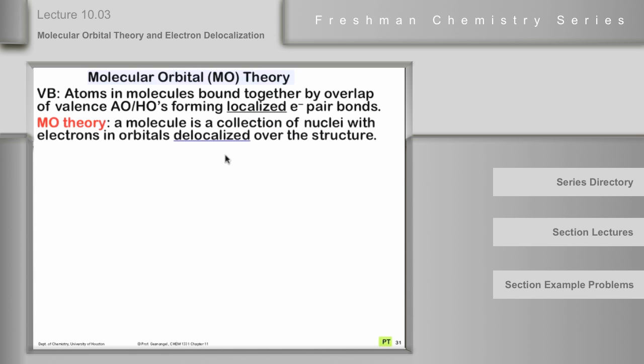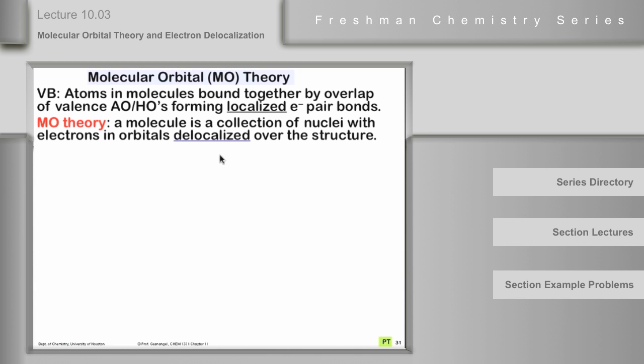Okay. The molecular orbital picture takes an entirely different approach. So think about this for a minute. The molecular orbital picture says, in essence, that a molecule, in some respects, is just like an atom, in that it will have its own set of orbitals.